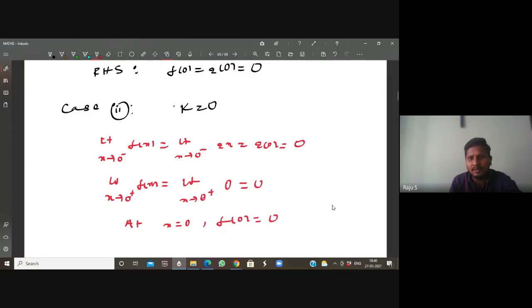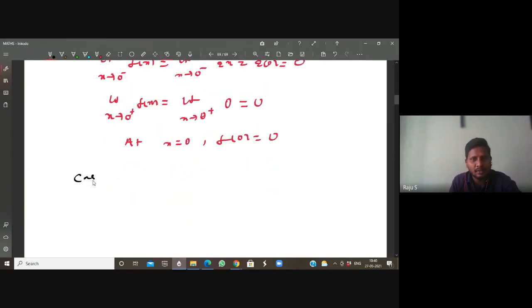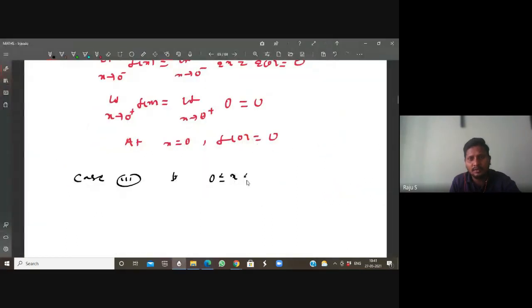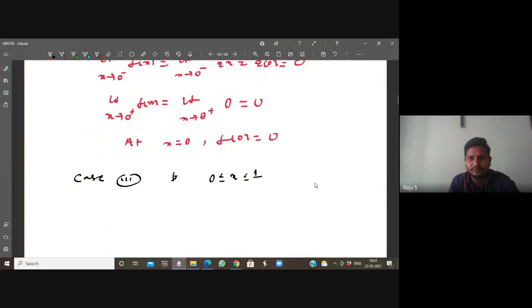All three values are there. Then next, what you have to write, case 3. Case 3 is 0 lesser than or equal to x, lesser than or equal to 1. How many functions did they give from 0 to 1? Only one function, that is 0. f of x is 0.